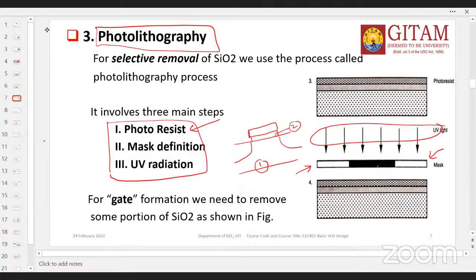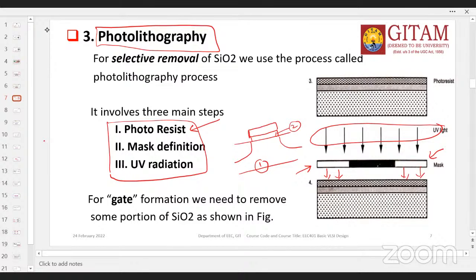So what will happen? The light is exposed on the mask or glass plate. Some portion of the light is transparent to the photoresist material. Some light cannot pass through that obstacle.